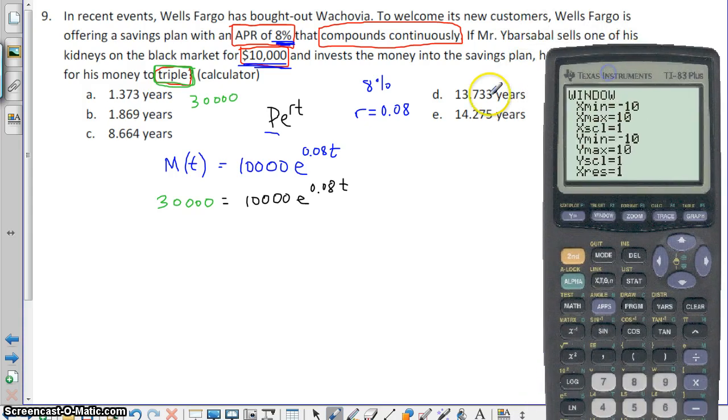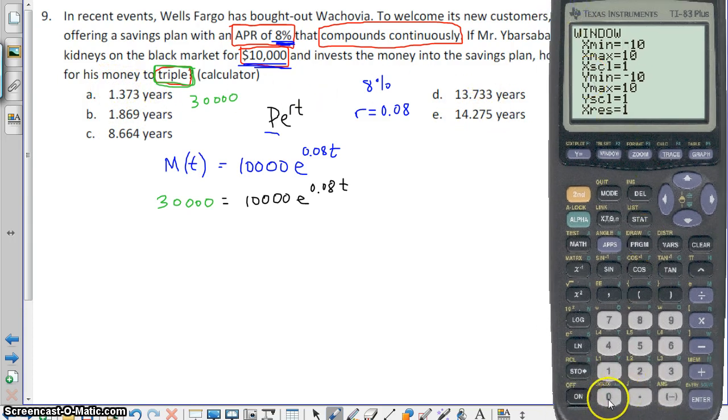So the window, my x values are right here. The only possible x values I could have are 1.3 all the way up to 14.2. So that means my window doesn't need to be any bigger than 0 to maybe 15 years. My money is going to go anywhere from 10,000 all the way up to 30,000.